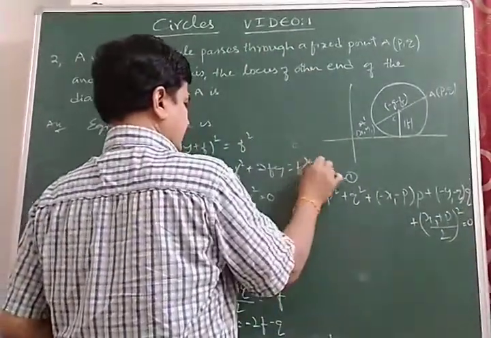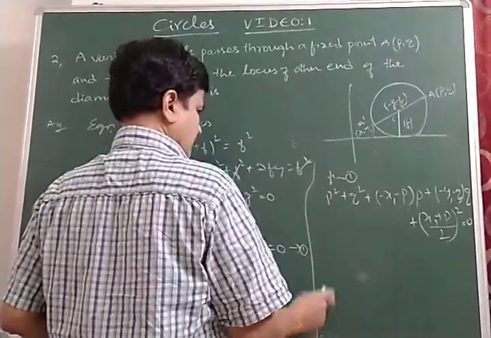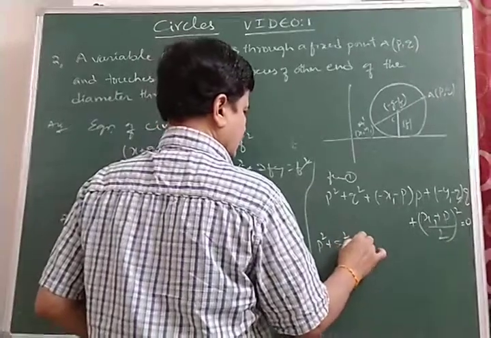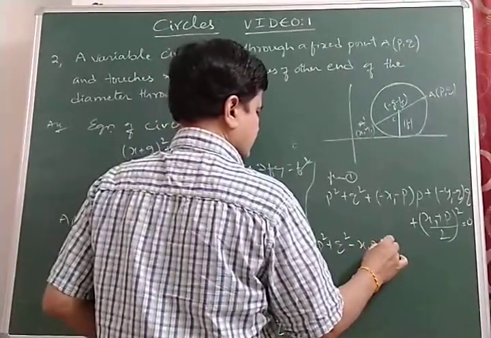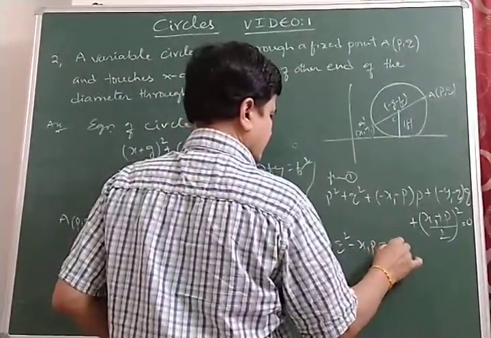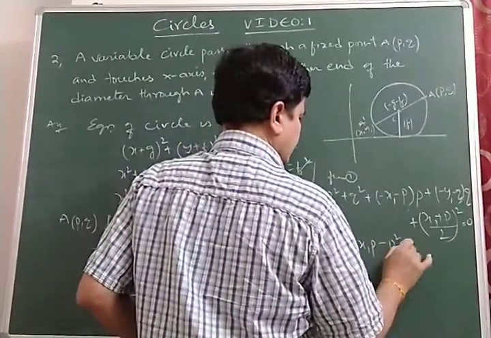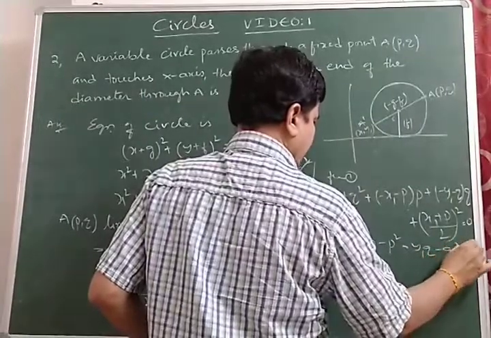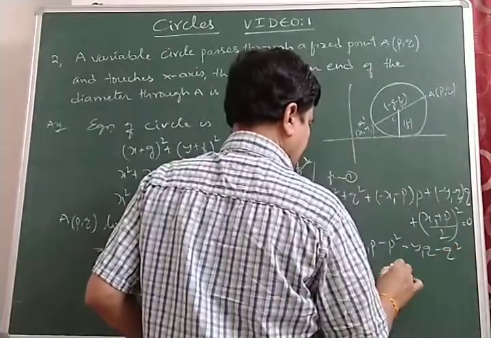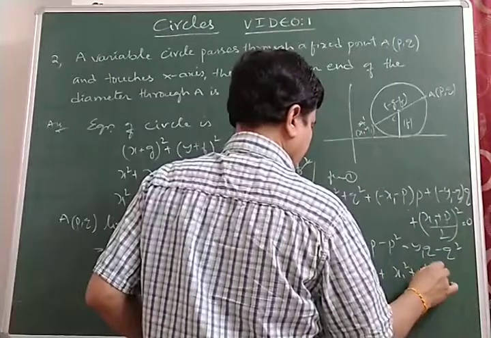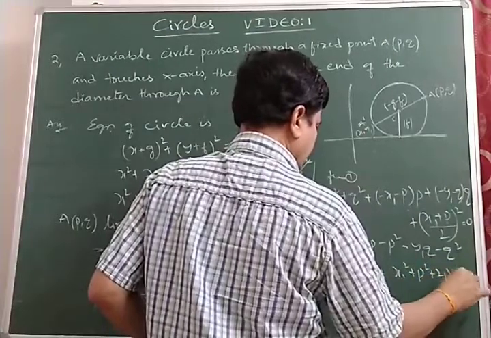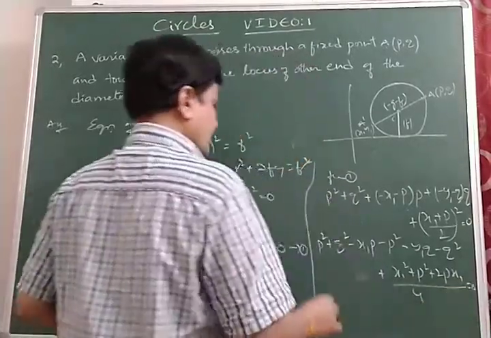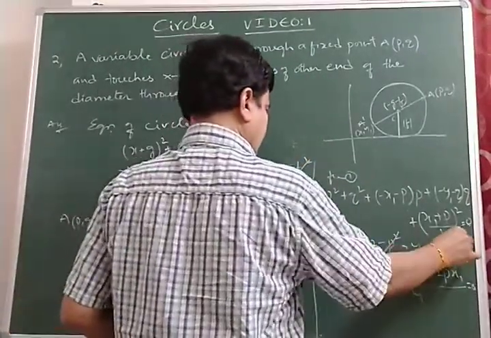Now expanding this one: p square plus q square minus x1 p minus p square minus y1 q minus q square plus x1 square plus p square plus 2p x1 by 4 equals 0. Now here p square and q square are cancelled.